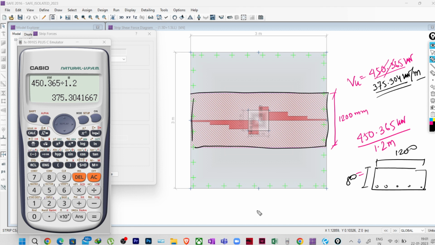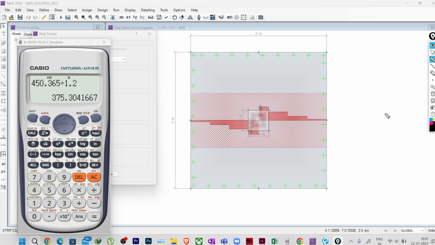It was pt equal to 0.85 by fy, percentage of reinforcement, right? 0.85 by fy. So what will be the minimum percentage of reinforcement in any beam?